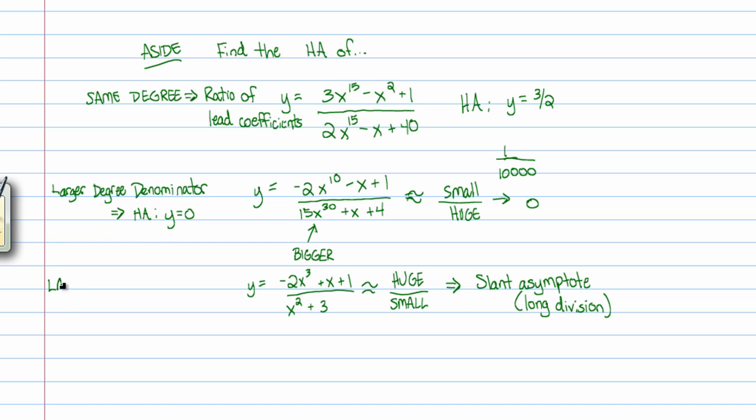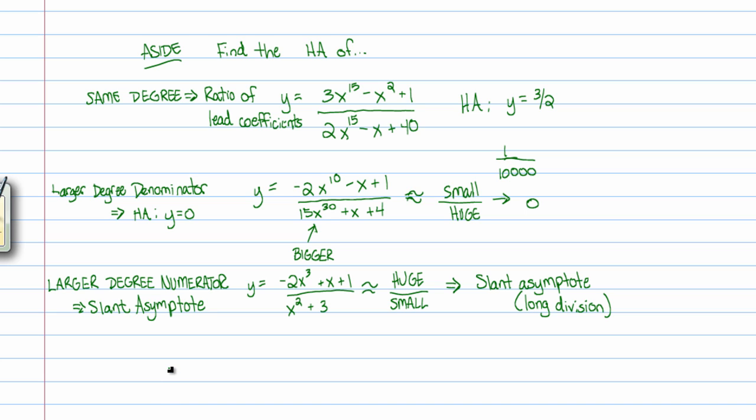If you have a larger degree in the numerator, which I wouldn't say is a horrible scenario, it's just interesting, then you have what's called a slant asymptote. And actually, you can have all different kinds of asymptotes. It doesn't have to be just a slant. It could be a curved asymptote, but we'll just say slant from now.